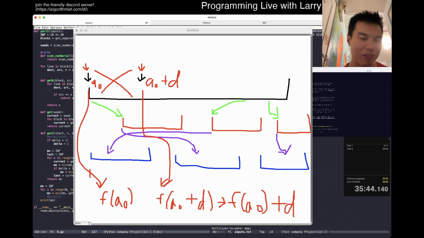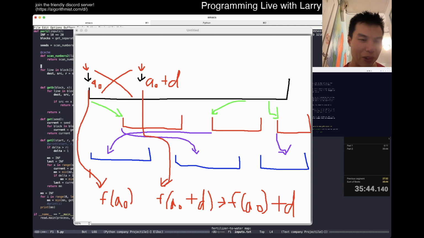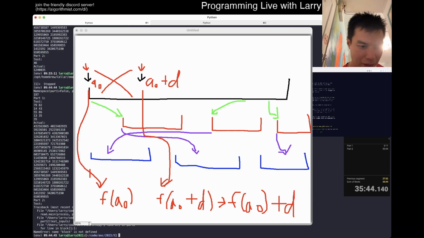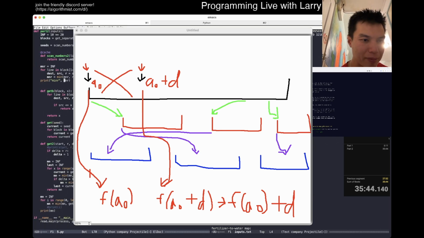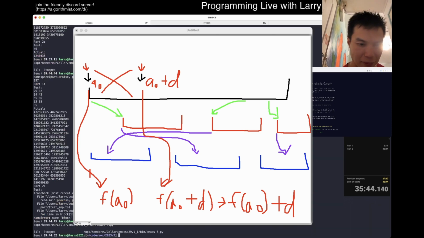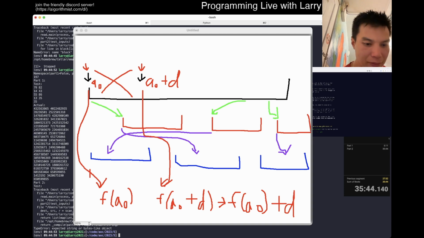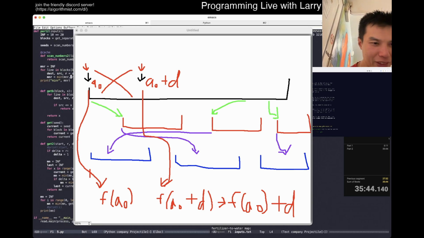I'm just typing some code to get the min range, just for science. Block not defined. Oh, blocks. Where did I print it? I have some technical difficulties.